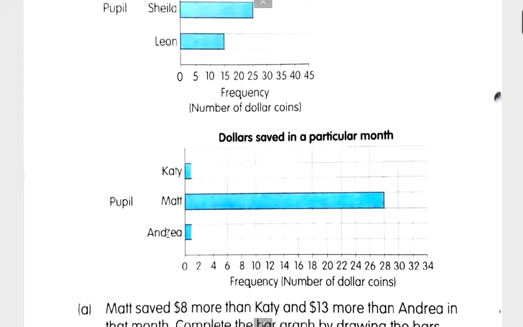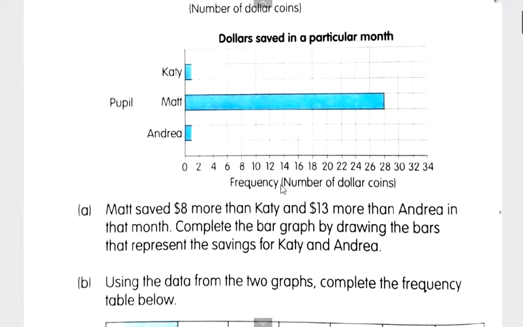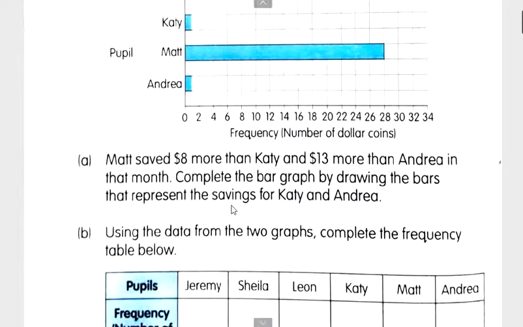It hasn't been drawn yet. Their bars haven't been drawn yet. So let's take a look at the information. Matt saved $8 more than Katie.